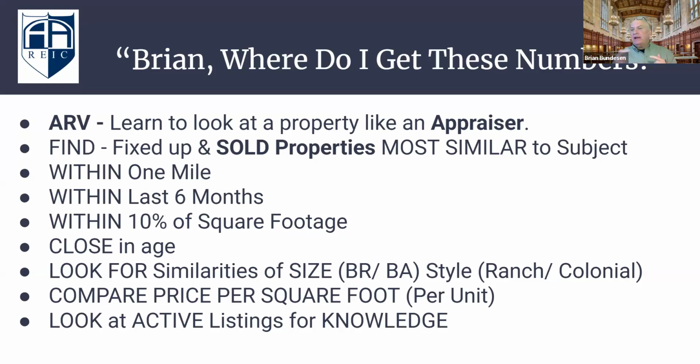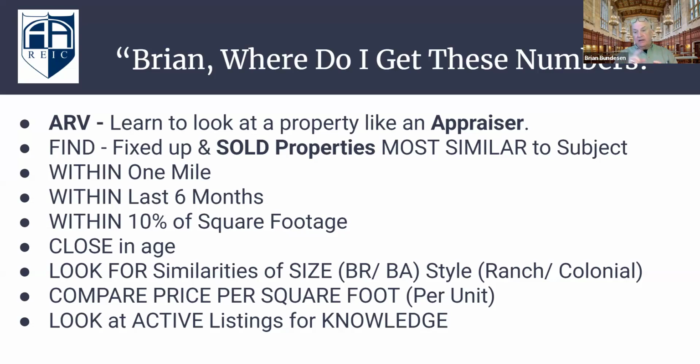Okay. And then you're going to want to look at active listings. So here's another thing that novice investors do: they look at active listings and they say, well, this one is on the market for this price. Therefore, the ARV of mine is that price. Well, no, because anybody can put anything out there at any price.